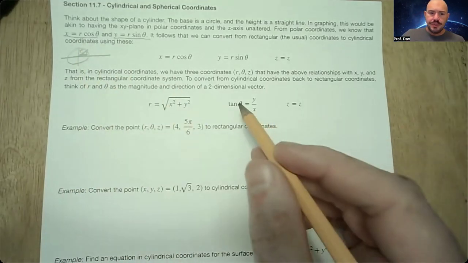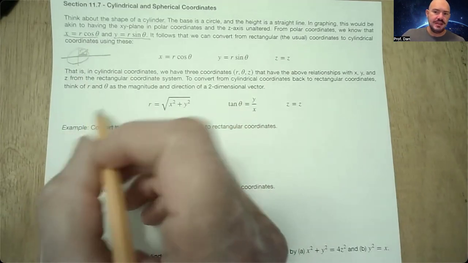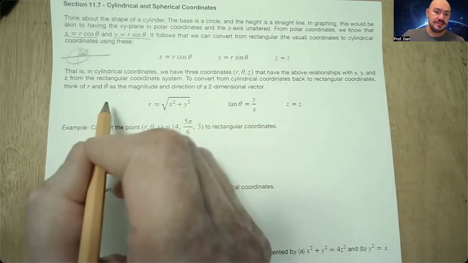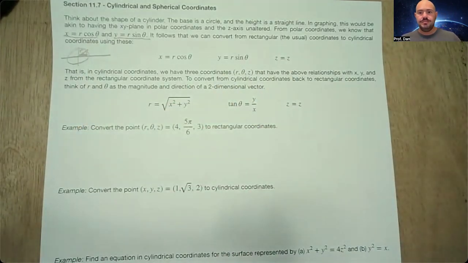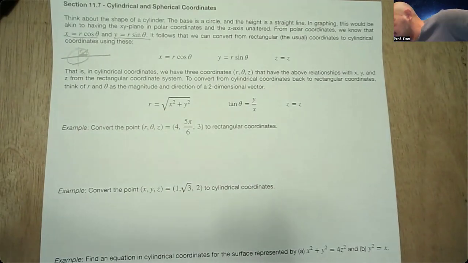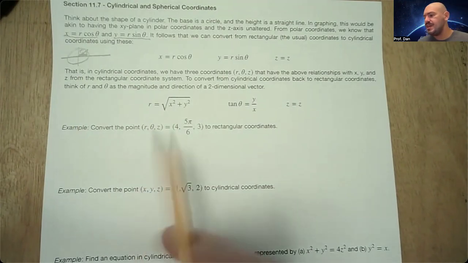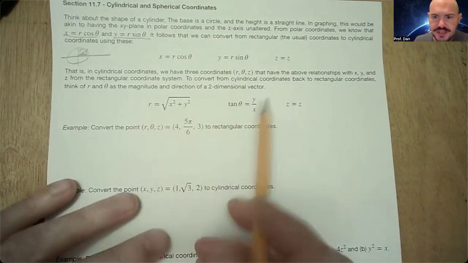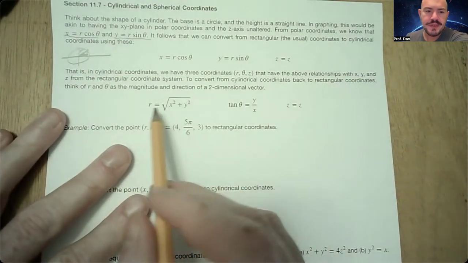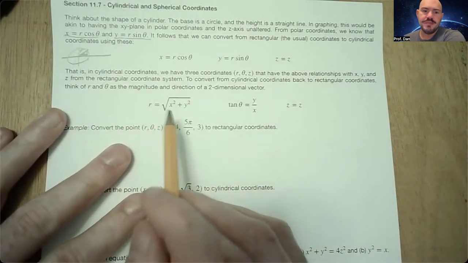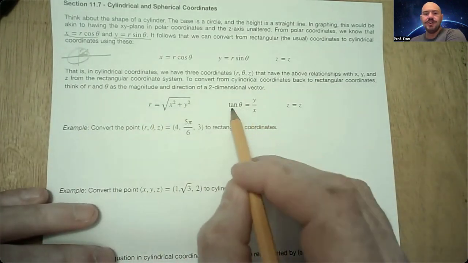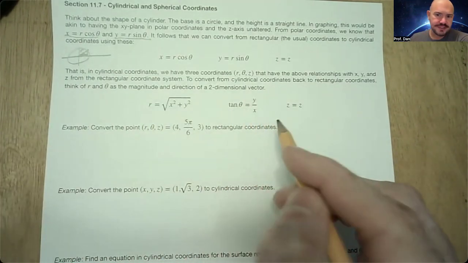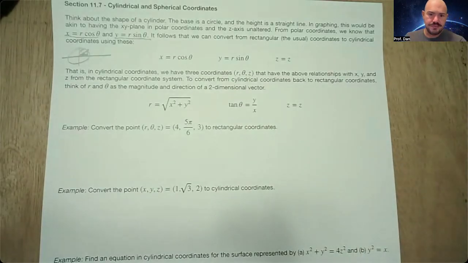We also know that theta, the angle that's made in polar coordinates, is the same thing as the direction of a two-dimensional vector that we talked about back in section 11.1. So both of those definitions carry over to cylindrical coordinates. We can obtain r by finding the magnitude of the vector xy. We can find theta by doing arctangent of y over x. And then z is still z.